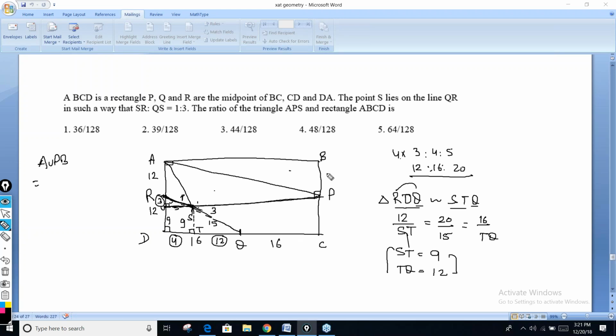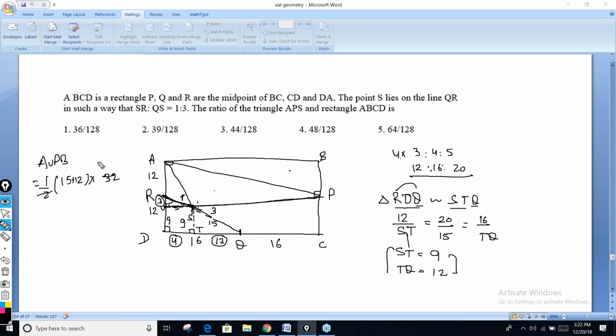That side is 15, that is 12, that is 32. What we are missing here? Sum of parallel sides into height, we can say. Sum of parallel sides is half. That is 15 and 12 into height. Height is 32.